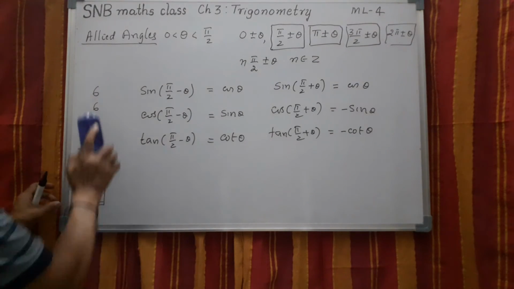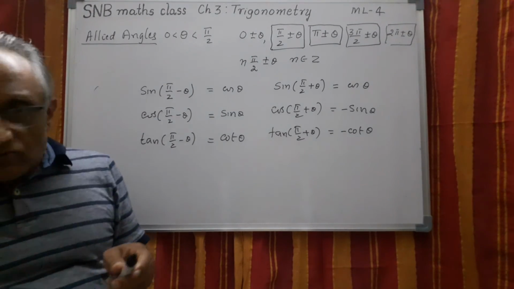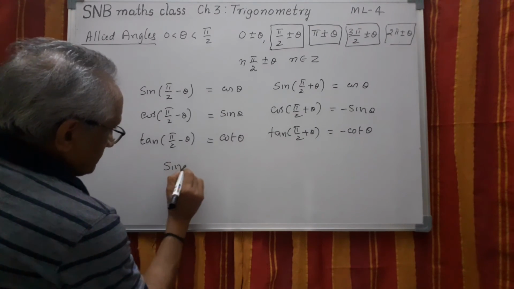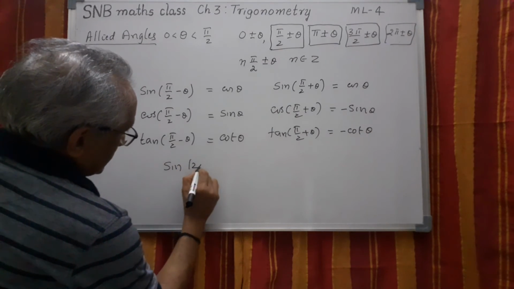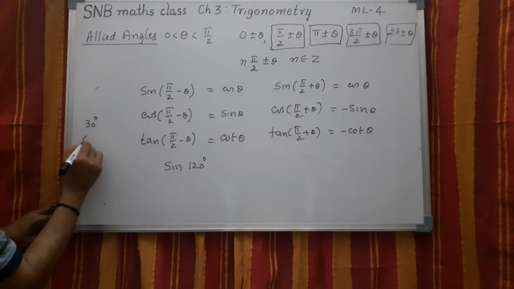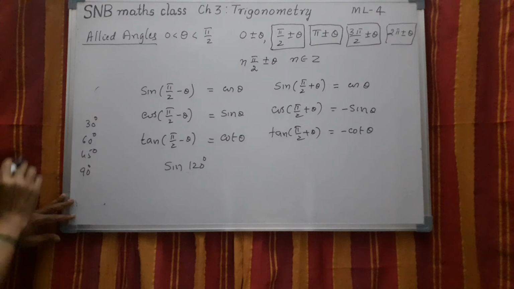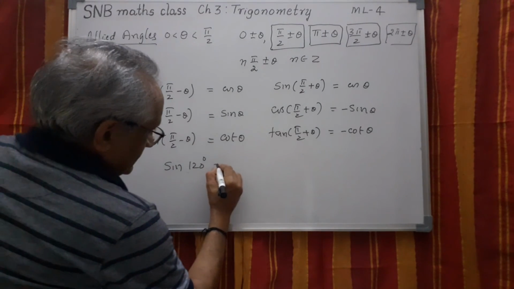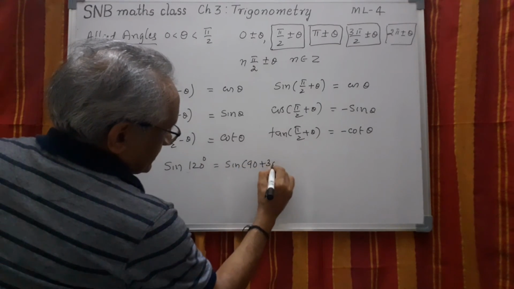But before that, let me just tell you how you have to use this. For example, see, I want to find sine 120 degree. We know the values for 30 degree, 60 degree, 45 degree, of course 90 degree, these angles. 120 degrees is an obtuse angle. Therefore, you can write this as sine of 90 plus 30 degree.